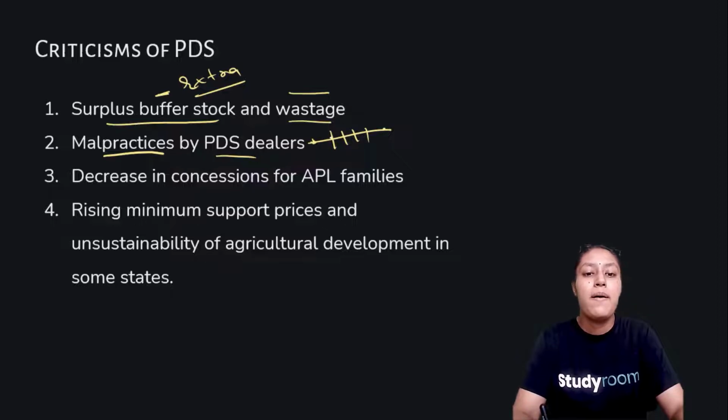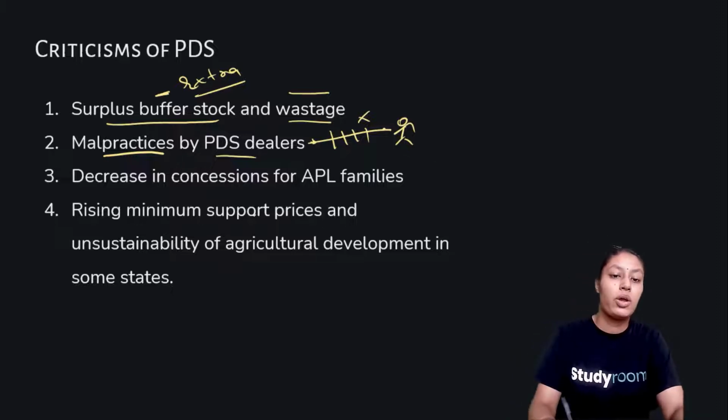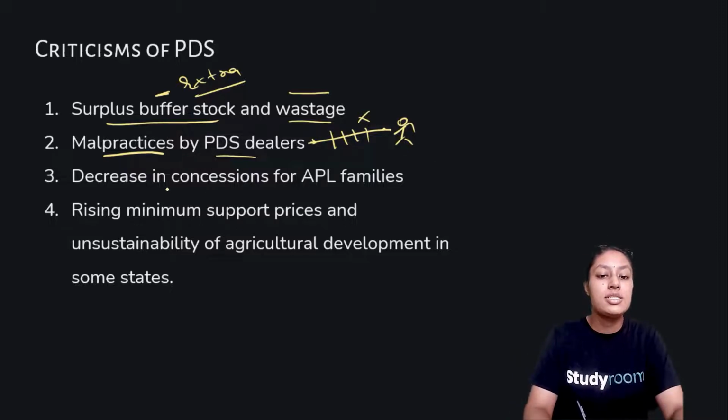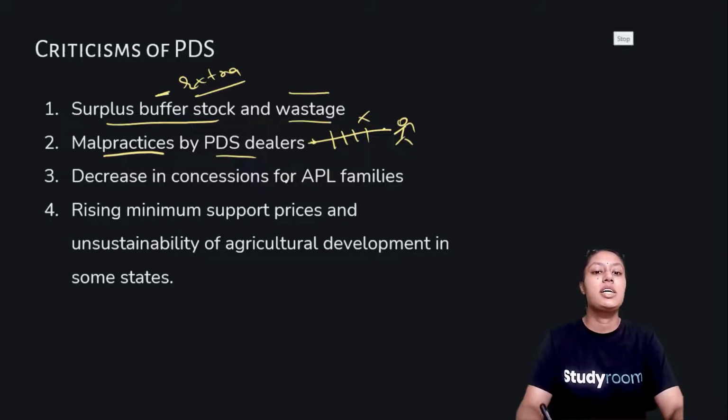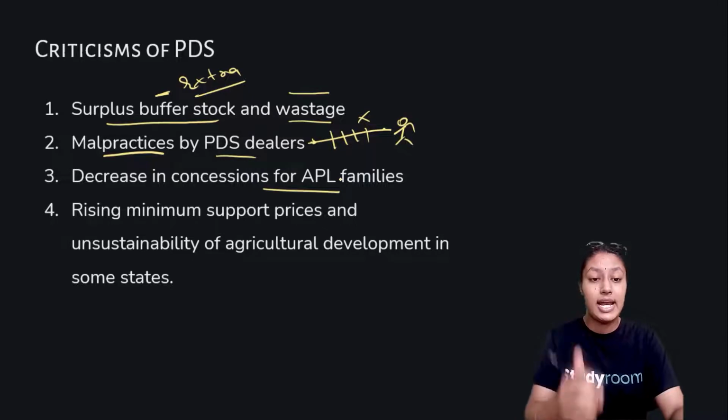Due to this, the food has more or less not been reaching the actual beneficiaries due to the malpractices. Third is decrease in concession for APL families. People who are above the poverty line have had their concession decreased.